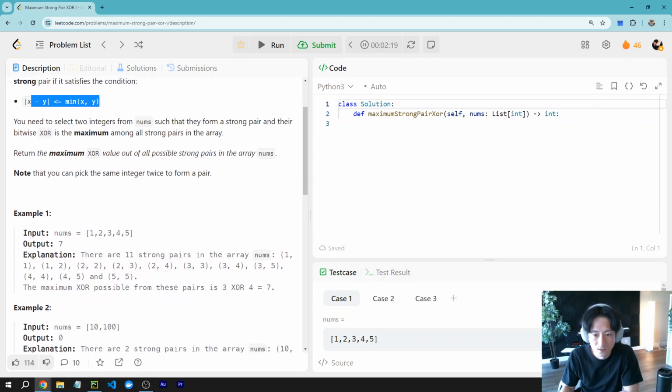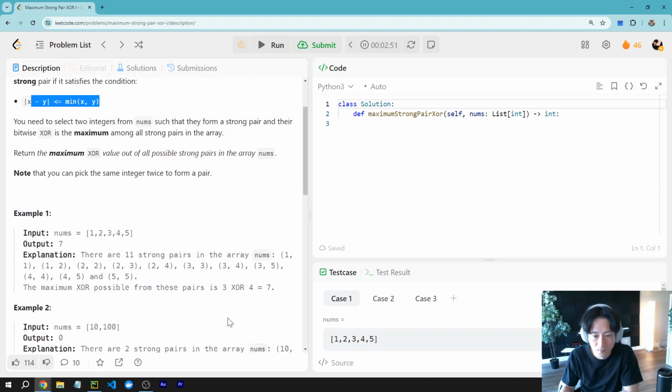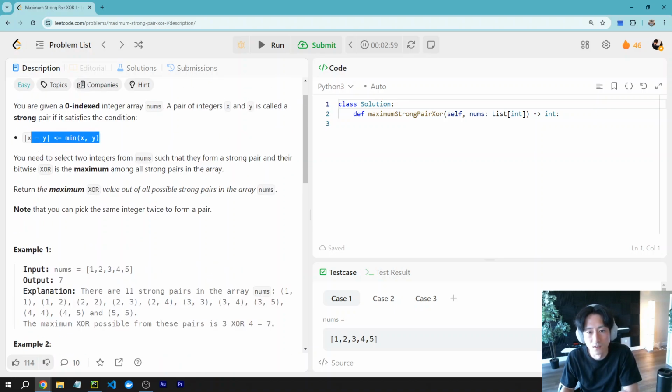We're going to have a nested two for loop, get the pair of numbers, and if the pair is a strong pair, by writing the if condition like this, we update a global variable by the max operator and compute the XOR of these two numbers by caret in Python. So that's going to be a working solution, and this is easy.